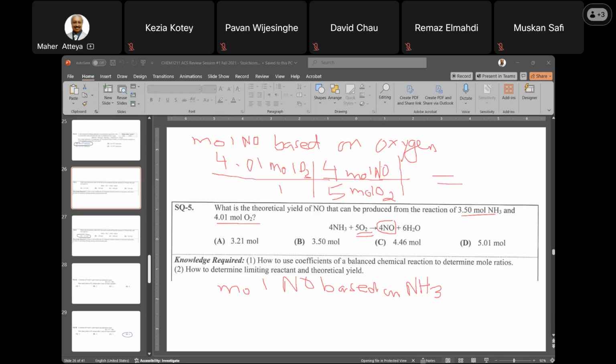So 4 divided by 4.41 equal to this divided by 5 equal to 3.208.